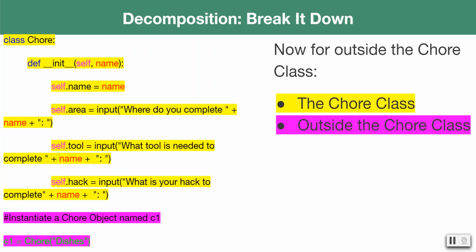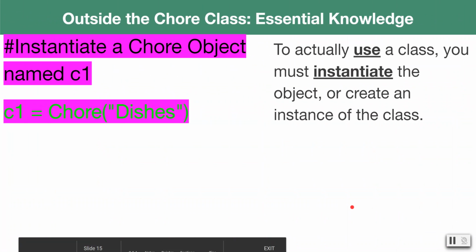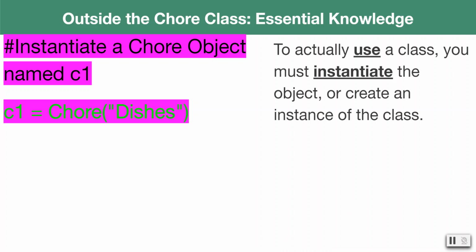Now let's take a look at outside the chore class. Here's the essential knowledge. To actually use a class, you must instantiate the object. Just means use the constructor in order to create an instance of the class.